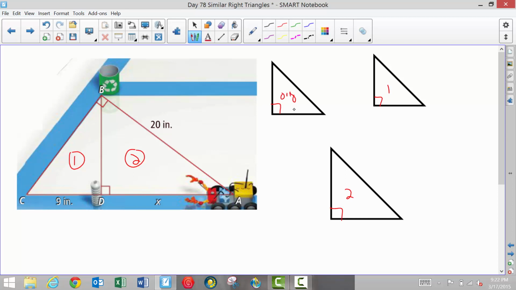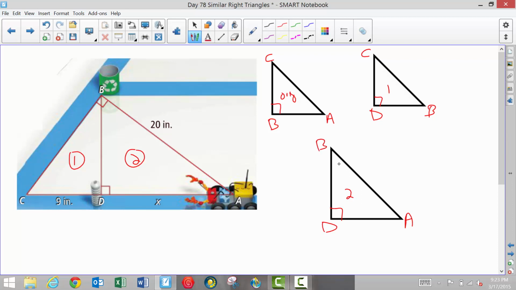In the original, I have B as my 90-degree angle, and I have A and C. In triangle 1, I know D is my 90-degree angle. Triangle 1 shares C with the original, so C is up there. Triangle 2 has a 90-degree angle at vertex D. Triangle 2 shares angle A with the original, so A goes here, and B.